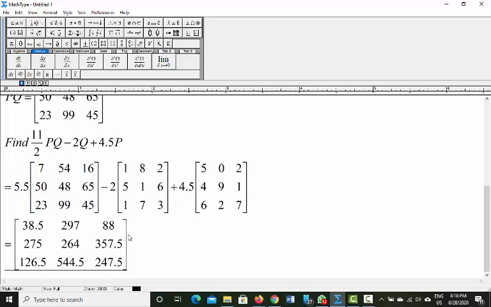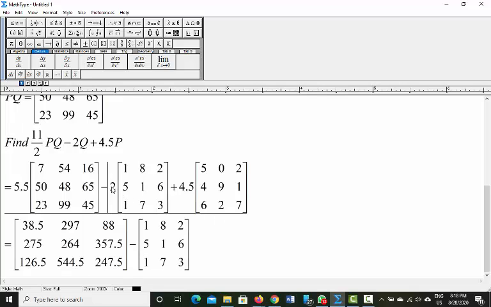Now we will do the same. Here we have a minus, and now we will multiply this matrix with 2. That means we will multiply all the elements inside the matrix by 2. If you multiply 1 by 2, we will get 2. This one with 2, we will get 16.